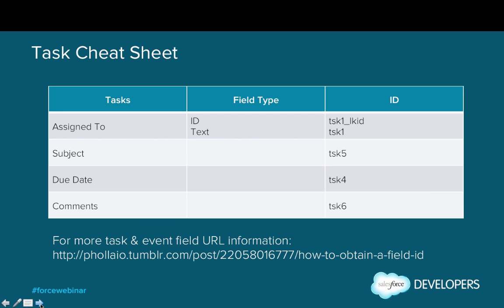So what I'm trying to do here is just unravel the mystery of what's behind that URL. The due date is actually TSK4 for an ID, and then our comments are going to be TSK6, right? So we'll put all this together for you because this URL is really cool for your users. It just takes a minute to put together. So let's take a look at it.